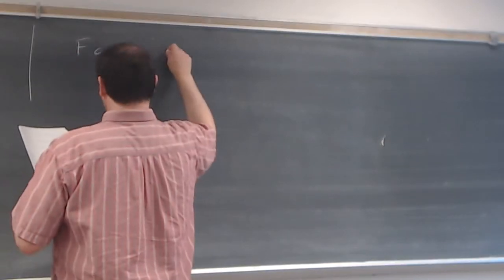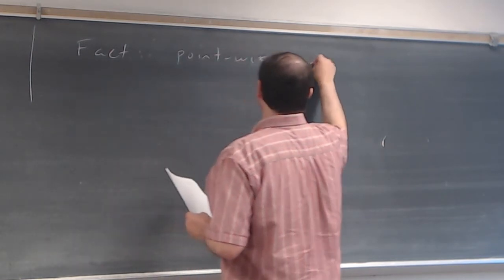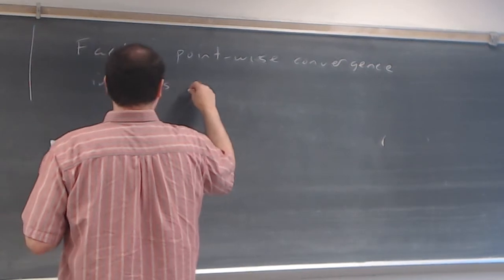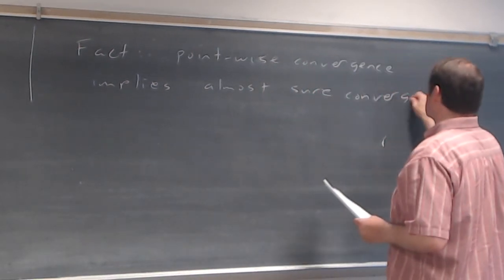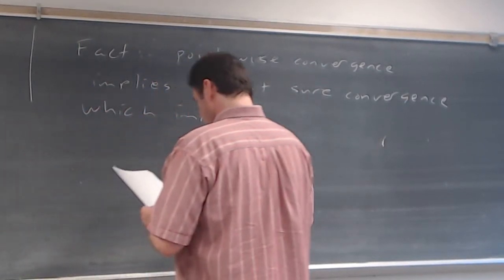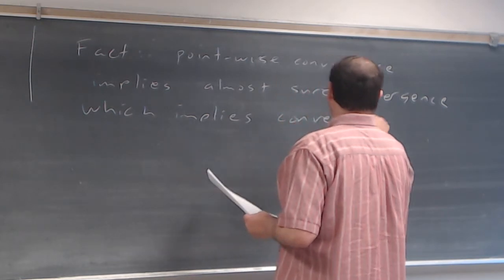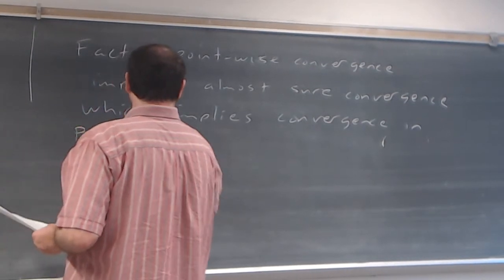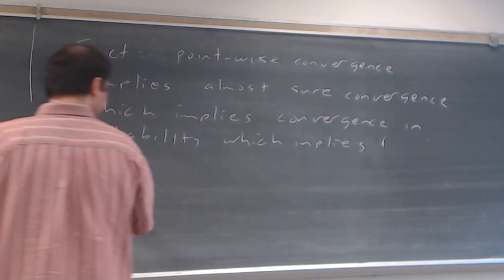So as a fact, pointwise convergence implies almost sure convergence, which implies convergence in probability, which implies convergence in distribution.